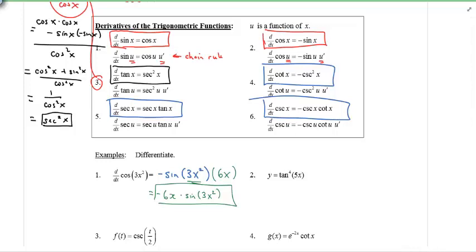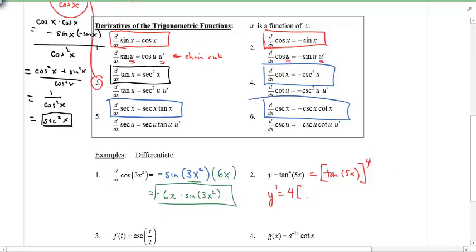Number 2. Remember that tan to the power of 4 of 5x is really tangent of 5x, all raised to the power of 4. Knowing that, if I take the derivative, we're going to work from outside to inside. 4 gets brought down, because the tangent 5x is my function, raised to the power of 3. Then I have to take the derivative of the inside, the derivative of the tangent 5x function.